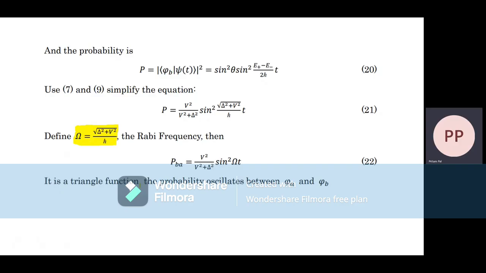It is proportional to the transition dipole moment of the two levels and to the amplitude of the electromagnetic field, not the intensity. The population transfer between the levels of such a two-level system, illuminated with light exactly resonant with the energy difference, will occur at the Rabi frequency.